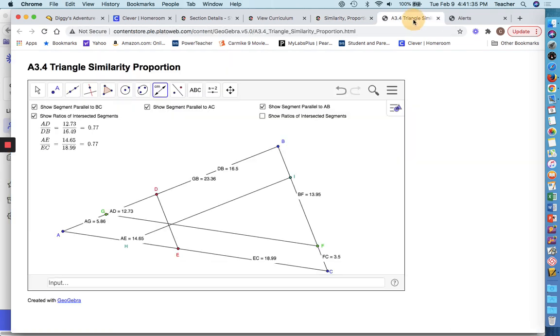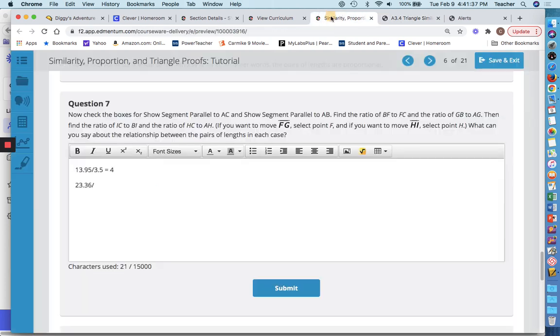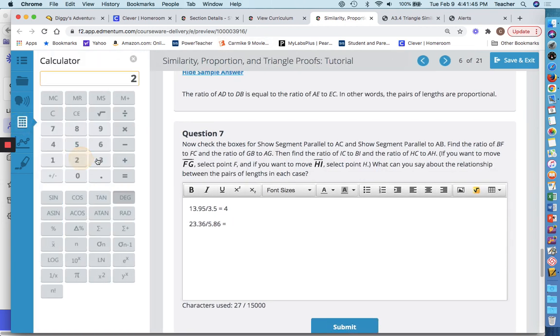Let's divide those. 23.36 divided by 5.86, and it's roughly a 4. What did I tell you guys? They are going to remain proportional.